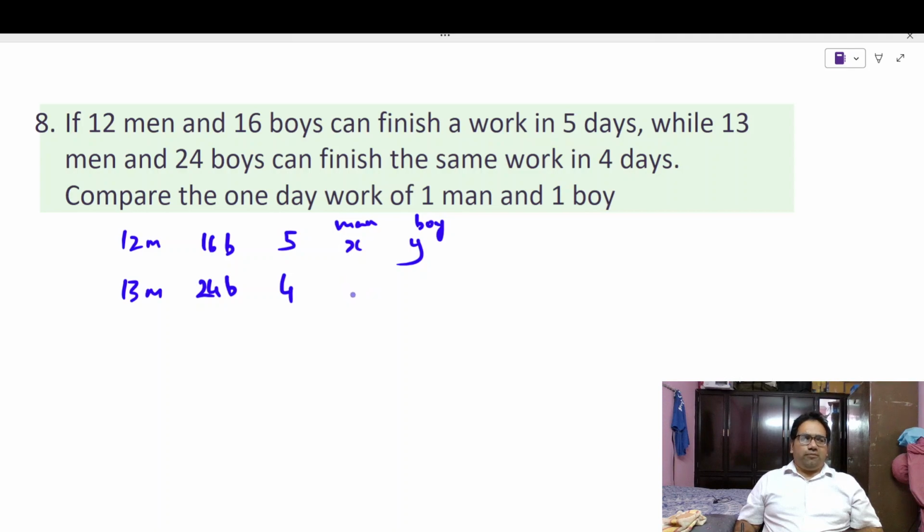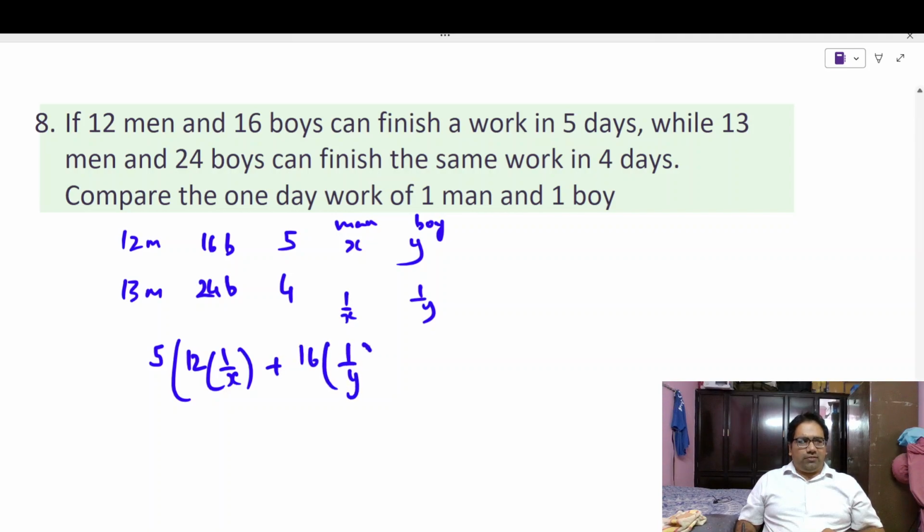What is the daily productivity of a man? It is 1 by x. Daily productivity of a boy is 1 by y. Every day a man will complete 1 by x worth of work. Now they have worked 5 days. 12 men, each doing 1 by x, and in the same 5 days, 16 boys, each doing 1 by y. This is equal to 1. That is the equation, right?